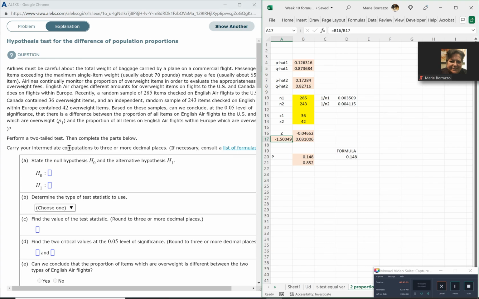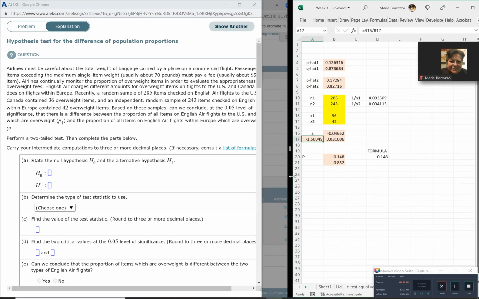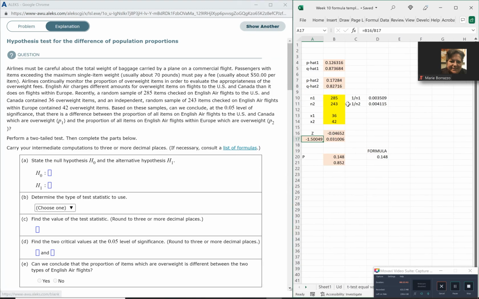It looks like carry your intermediate computations to 3 or more decimals. And as far as the formulas are, I embedded them in there for you in the pinkish or orange, whatever color you want to call it.